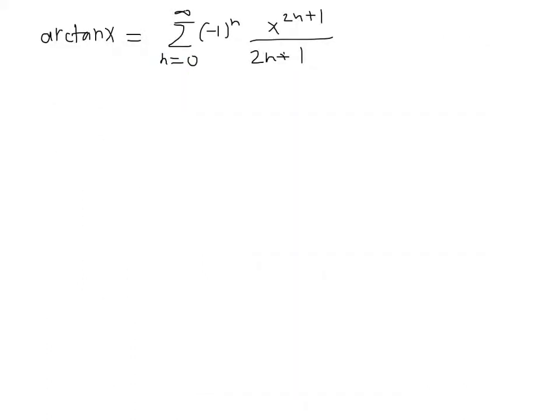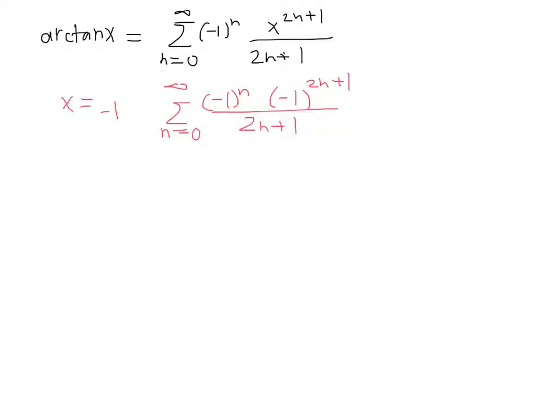The final thing we need to do here is check for convergence and divergence at the endpoints of that interval. So if we plug in x equals negative 1, I get the sum from n equals 0 to infinity negative 1 to the n, negative 1 to the 2n plus 1 over 2n plus 1. And we need to see if these terms alternate.